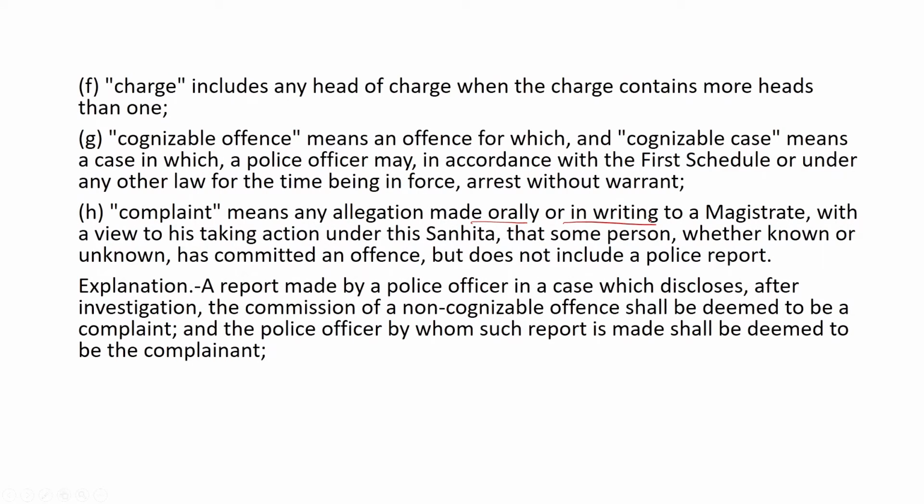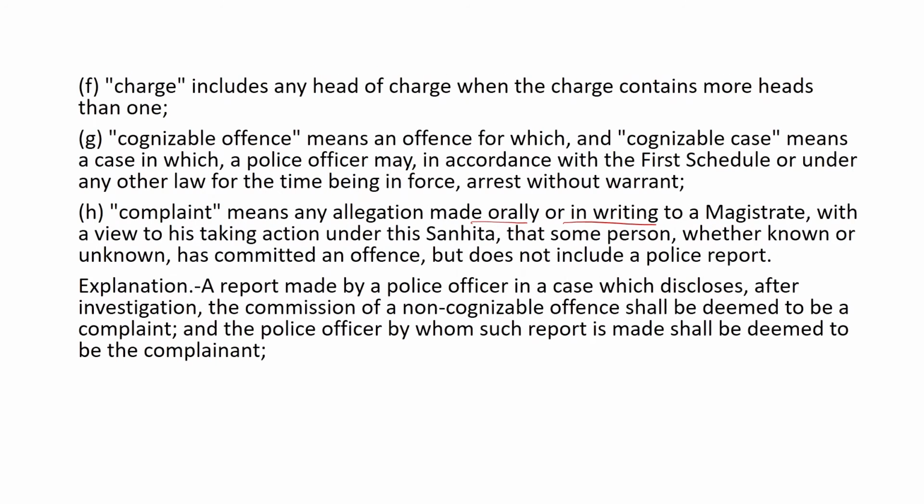So, any allegation, whether you make it orally or in writing, but a complaint has to be made to a magistrate. And what is the objective behind making a complaint? The objective is that the magistrate should take action under this Sanhita, that some person, whether known or unknown, has committed an offence.